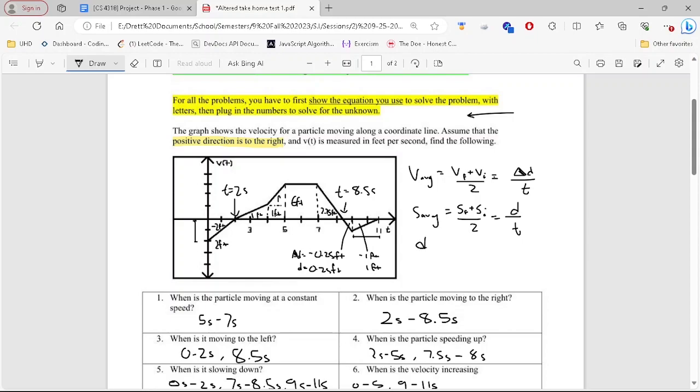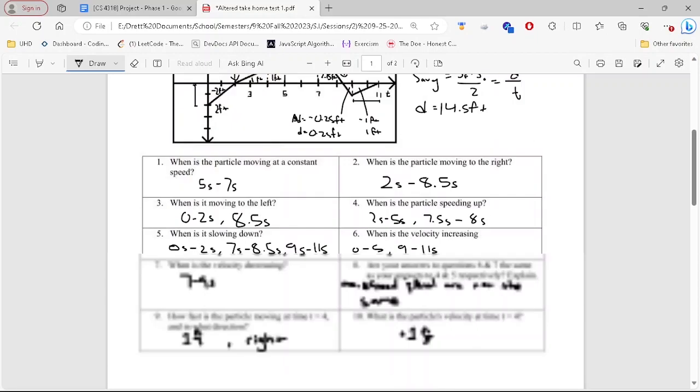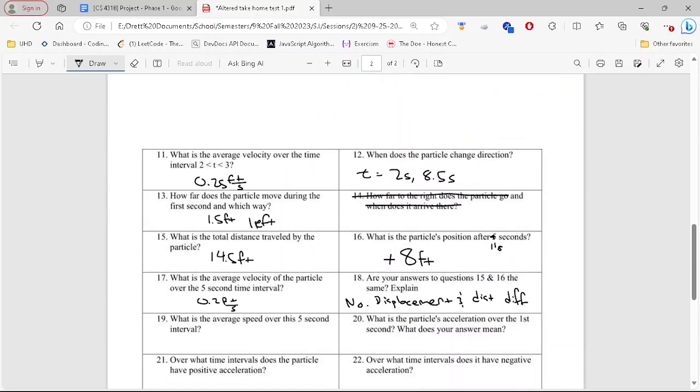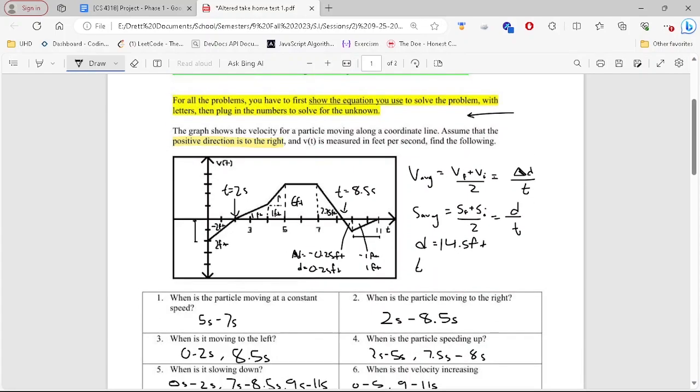So the total distance covered, as we calculated earlier, is going to be equal to 14.5 feet. Let me make sure. Yeah, 14.5 feet. And the time it took is going to be 11 seconds. So 14.5 divided by 11.